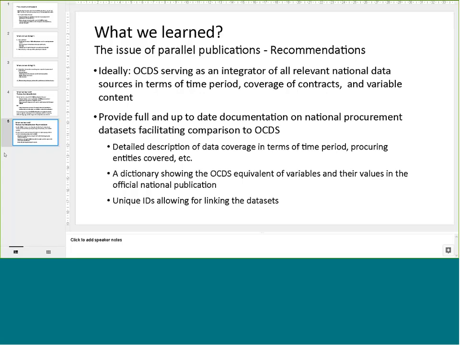This means that if I can be sure that a clear unique ID can be found both in the OCDS publication and the official data set, it would allow for adding extra information from one data set to the other. Yeah, so in a nutshell, I wanted to share these experiences with you.